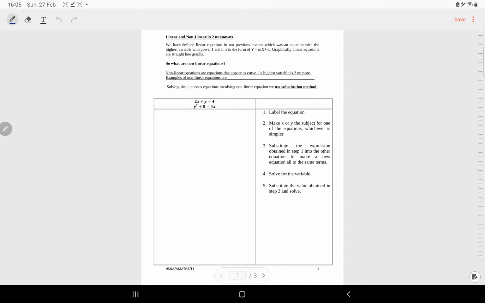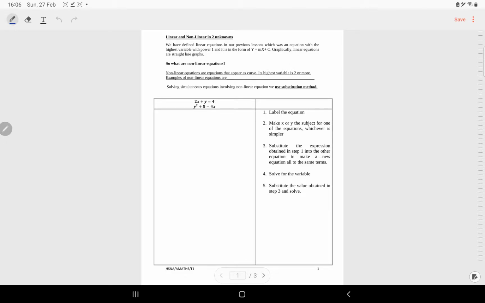Now how about non-linear equations? The word non-linear means that it is not a straight line. Non-linear equations are equations that appear as a curve. It is not a straight line but a curve, and non-linear equations will have highest power 2 or more.